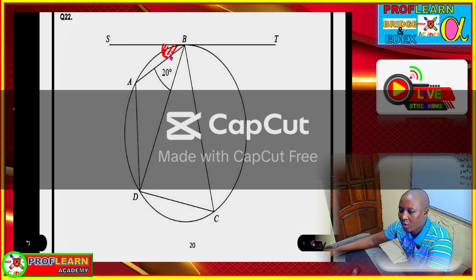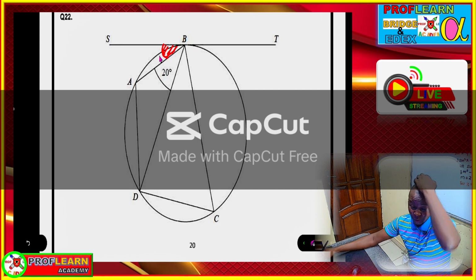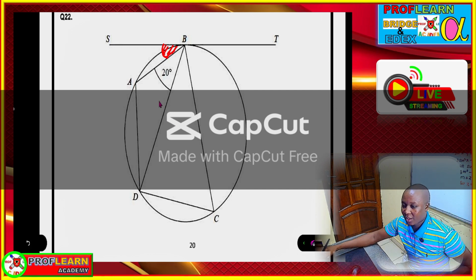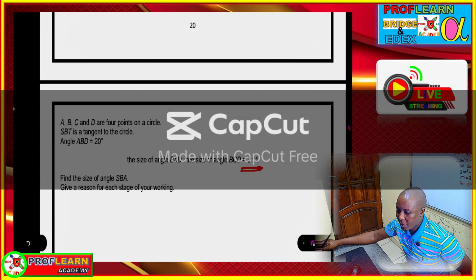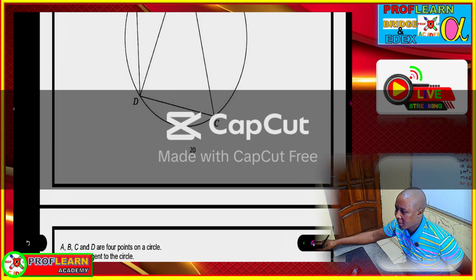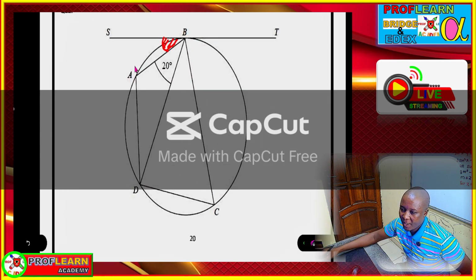And remember, we're going to use different properties, and we shall be stating reasons for that. So there's something we are being told: size of angle BAD. Where is BAD? BAD, this angle here.